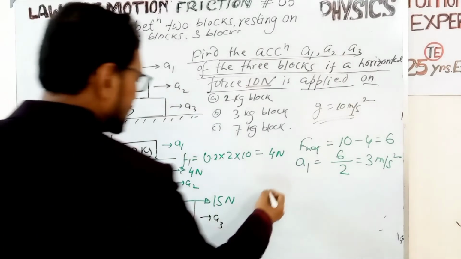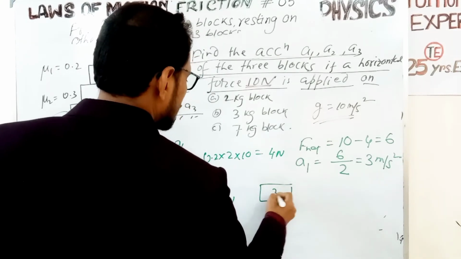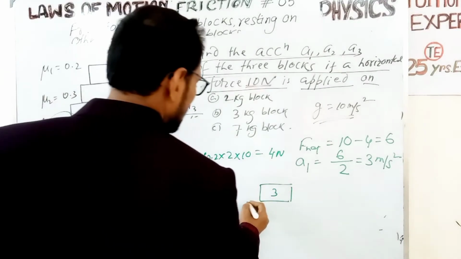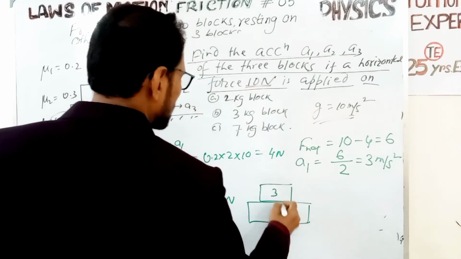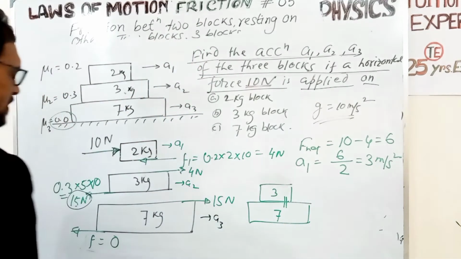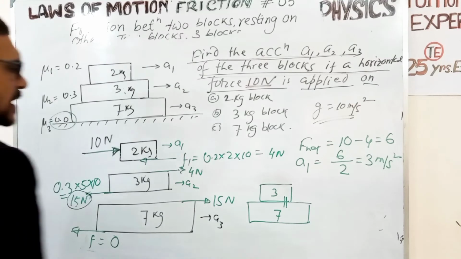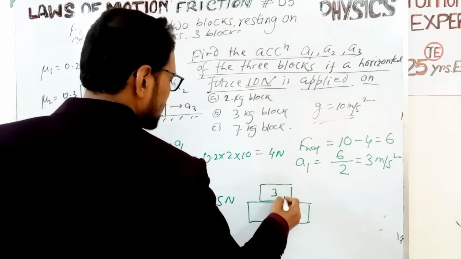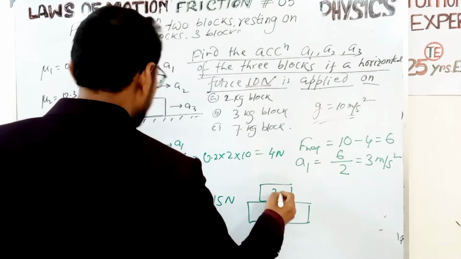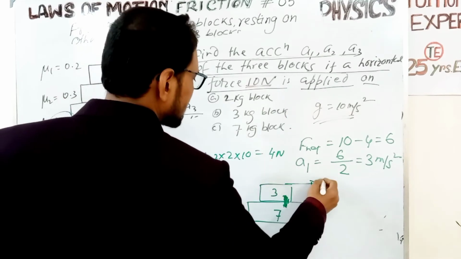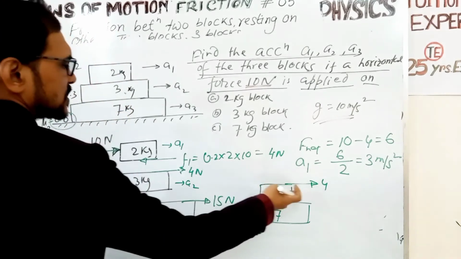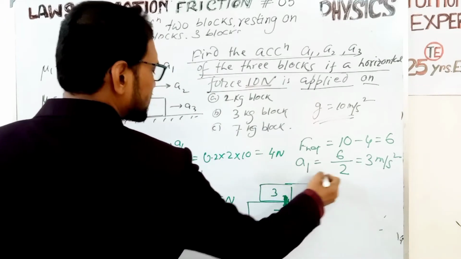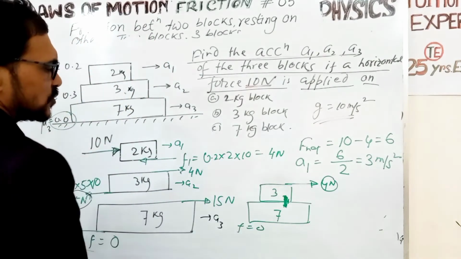As the 3 kg and 7 kg blocks cannot move relative to each other, 3 cannot move over 7, so 3 and 7 move together. Take 3 and 7 as a whole system. Here 4 Newton acts as the external force, because the friction force here is 0, so 4 Newton is the driving force and 3 and 7 move together.